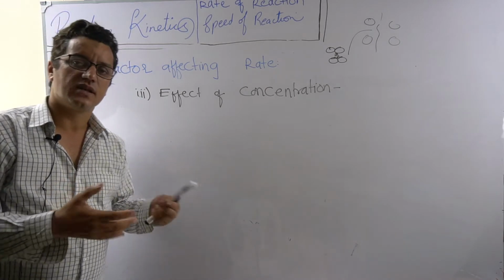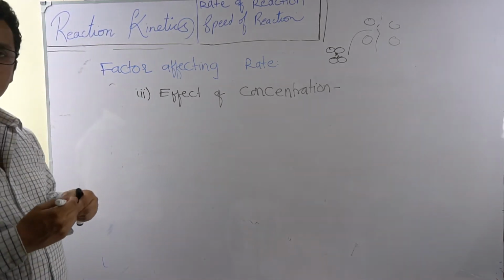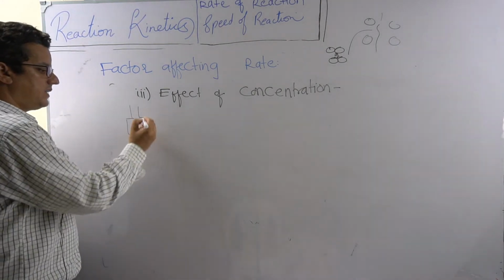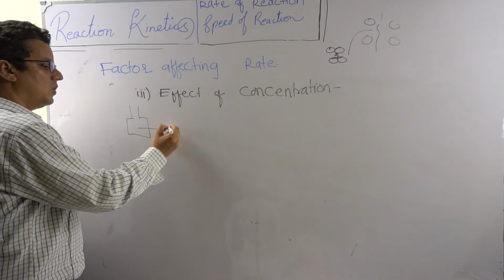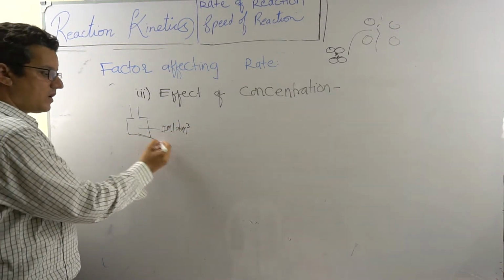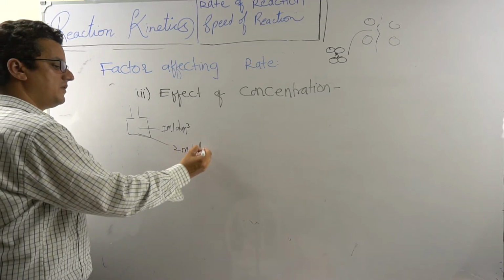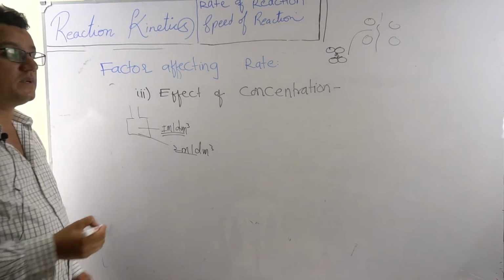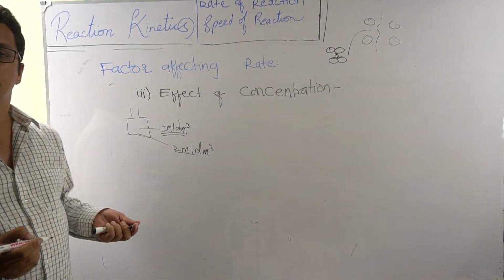And solutions means solute and solvent are involved. When solute and solvent are involved, normally the bottles contain a label. Like one bottle may be 1 mole per dm cube of HCl, and another bottle may state 2 moles per dm cube of HCl. So when it is the word concentration, it means how concentrated the solution is.